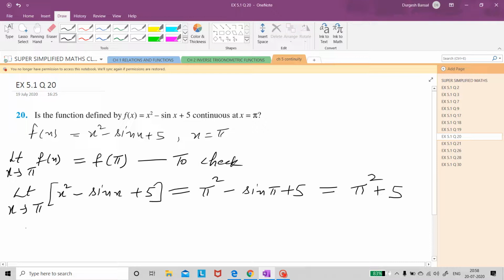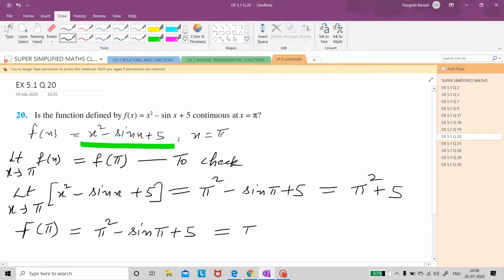Now we have to find the value of the function at the point pi. How do you get this value? In this expression, you put x to be pi. So we get pi square minus sine pi plus 5, which again comes out to be pi square plus 5.